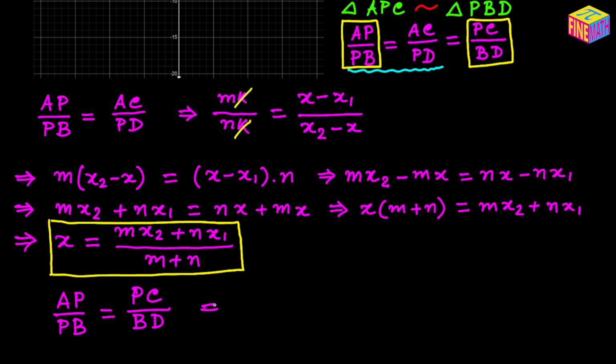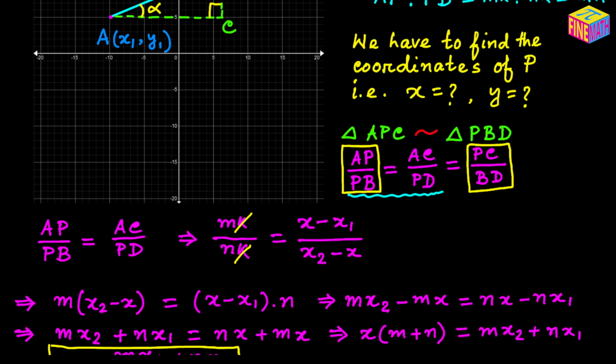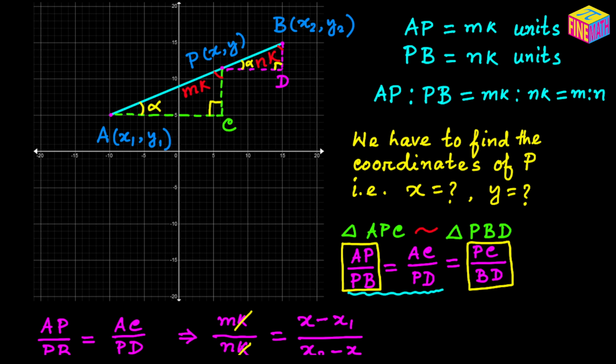Now, what is AP? Well, we know AP is actually m times k. So the length of AP is m times k units, and then PB is n times k units, and that will be equal to PC. What is the length of PC? If you look at the diagram here, the length of PC is the difference of y and y sub 1.